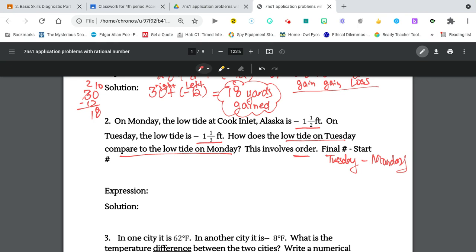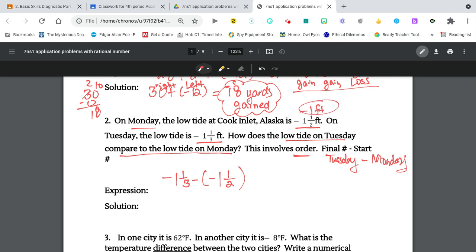So on Tuesday, what was the low tide? Let's see. The low tide was negative 1 1/3 minus negative 1 1/2 on Monday. So I don't want you to get confused because of fractions. So if on Monday this was negative 1, we'll take the half off.